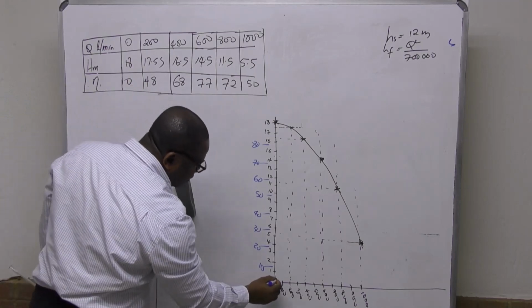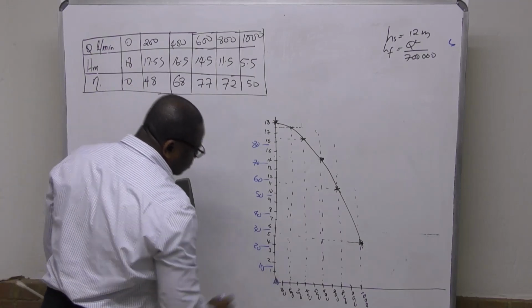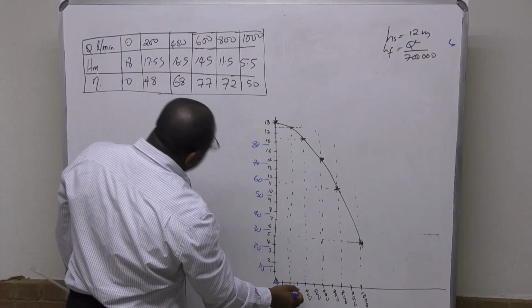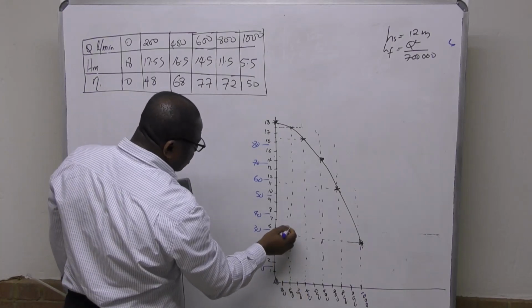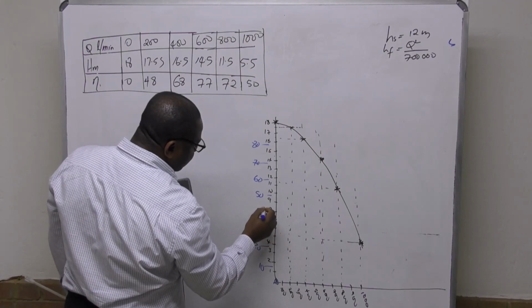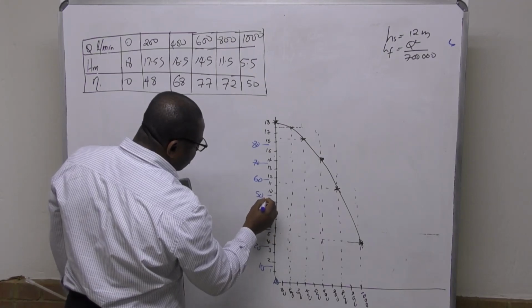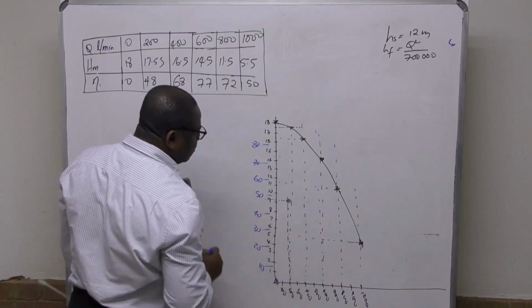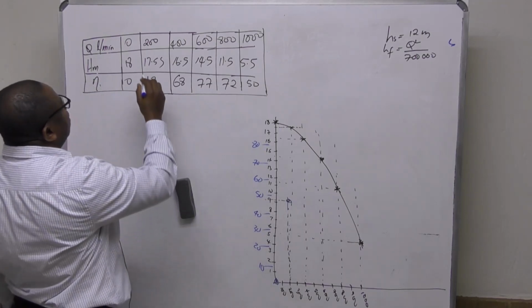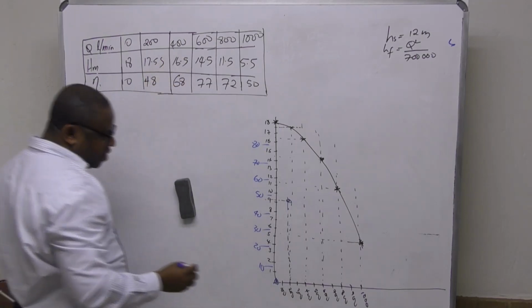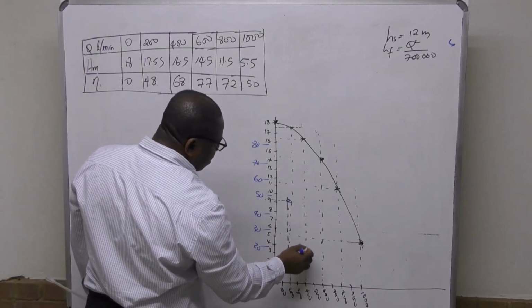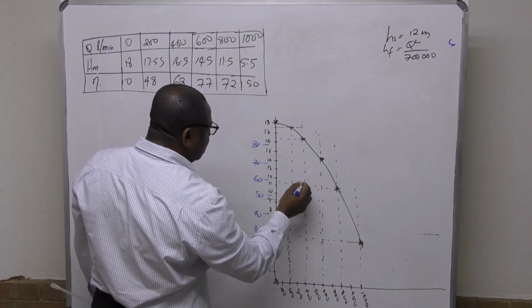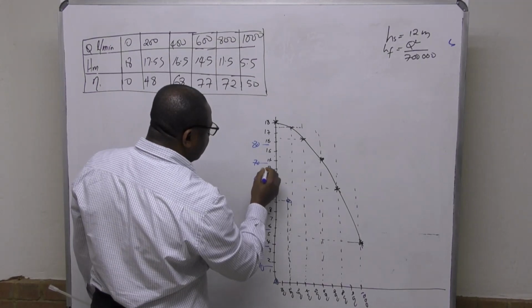At a flow of 200, efficiency is 48, maybe somewhere there. At a flow of 400, efficiency is 68.